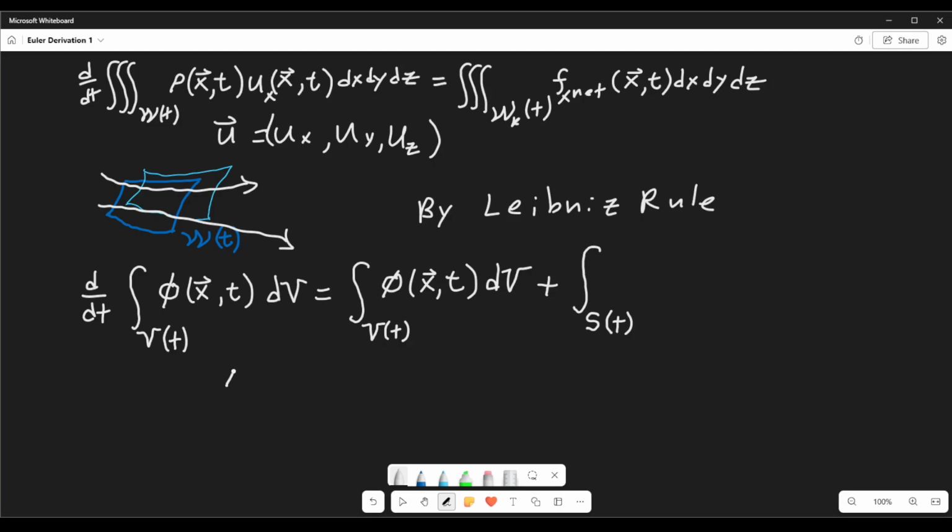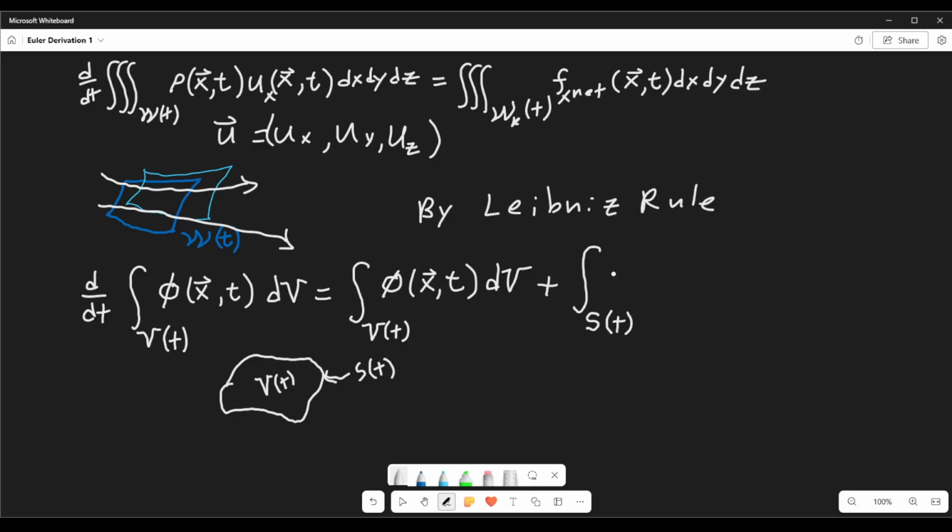So if this is the volume, the time-dependent volume, the surface is this thing. This is the surface of the volume that also depends on time.